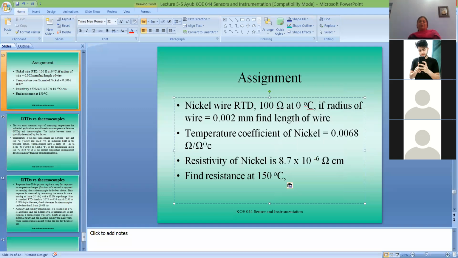Can you do this problem for assignment? Yes, ma'am. Take down this.